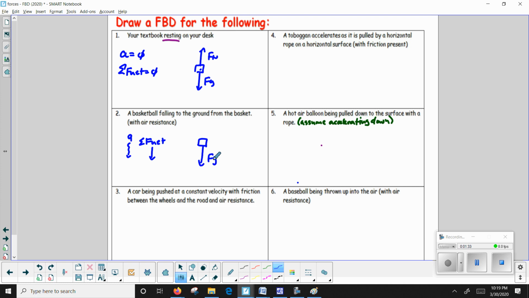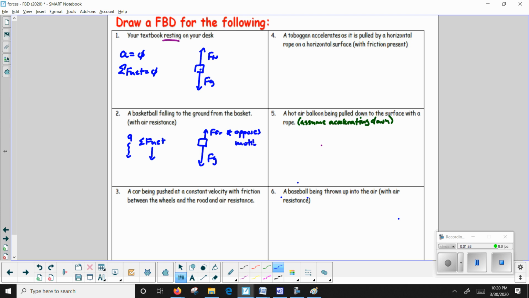I only have air resistance. I'm not on a surface, nothing's holding up the basketball, so it's just a little bit of air resistance. And because I'm moving downwards, the air resistance must be upwards. It's opposing my motion. So don't forget, it opposes your motion. You've got to be careful with air resistance. Sometimes it's going the other way.